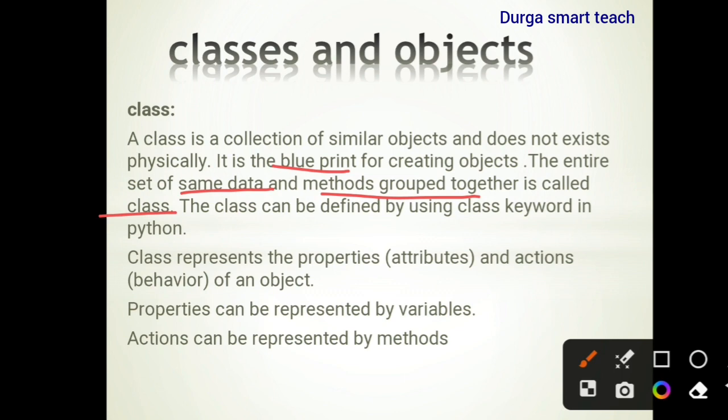The class can be defined by using the class keyword. If you want to define one class in Python, you need to use the class keyword. Inside a class it contains variables and methods. Class represents the properties, attributes and actions of an object.